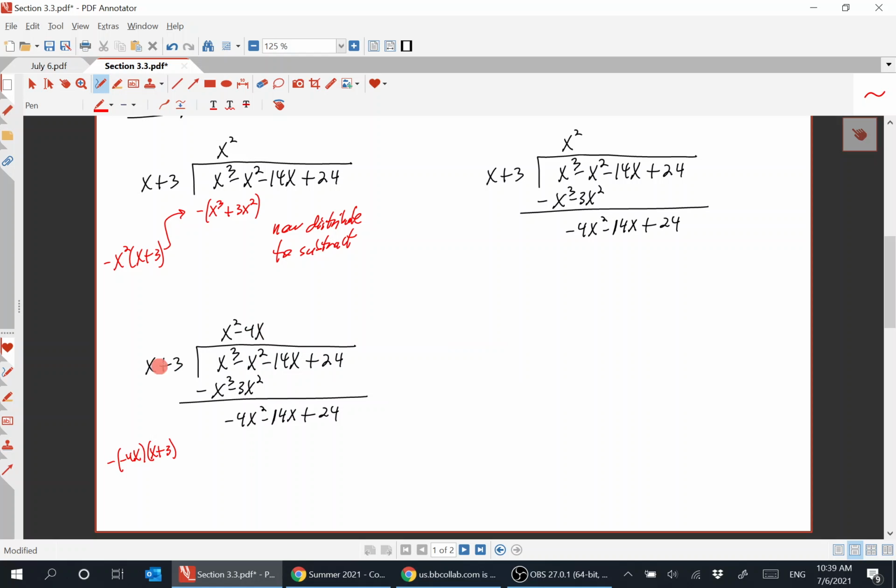Minus 4x multiplied by x plus 3, and I'm going to subtract that, so there's a negative sign here. So it's negative, and then multiplying these two together, I get minus 4x squared minus 12x. All right, now distribute the negative to subtract.